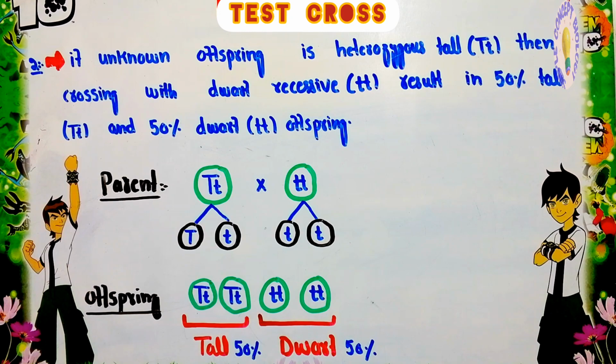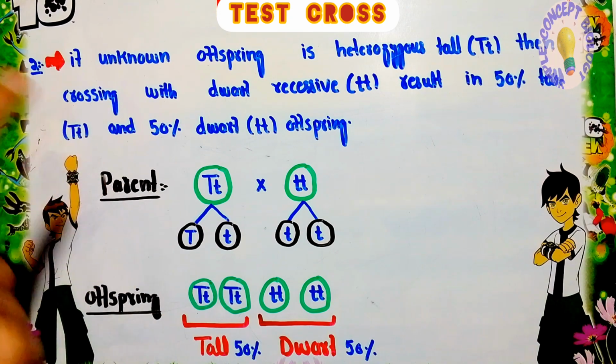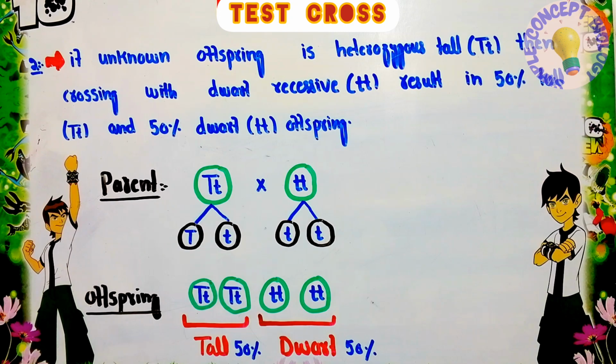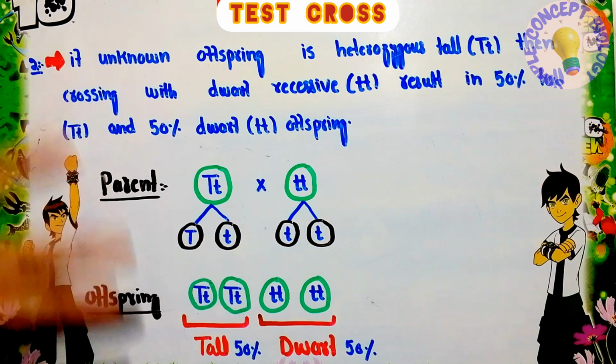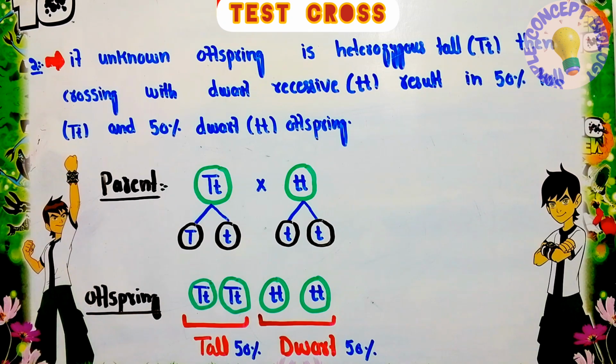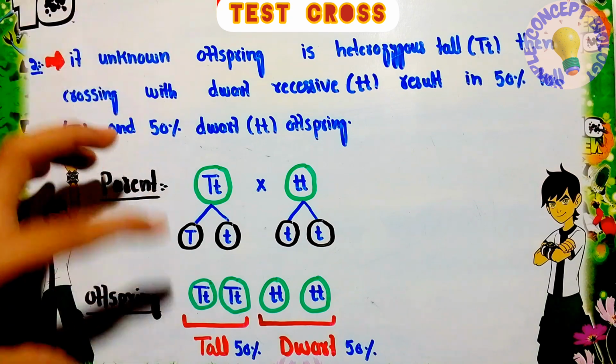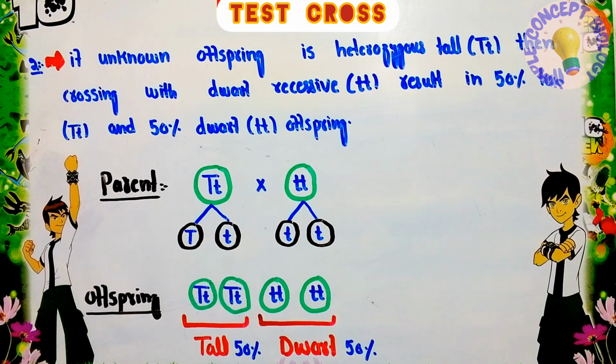In the first case, if we cross the F1 generation with the recessive parent and get all tall plants, we can conclude that the genotype of the F1 generation is capital T capital T. In the second case, if we cross the F1 generation with a recessive parent and get 50% tall plants and 50% dwarf plants, we can conclude that the genotype of the F1 generation is capital T and small t. So from these two cases we can easily understand the genotype of the F1 generation.